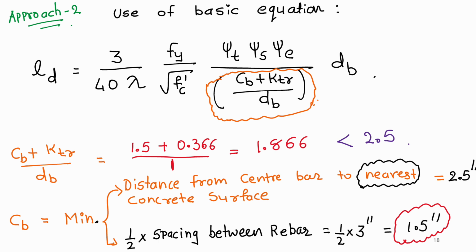And cb will be the minimum of the two. This is distance from concrete center of bar to the nearest concrete surface. We calculated that to be 2.5 inch, and half spacing between rebar, which is 1.5 inch. That's why we are using cb here in the equation 1.5.